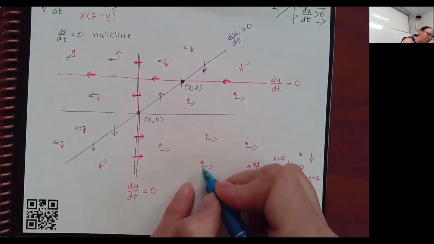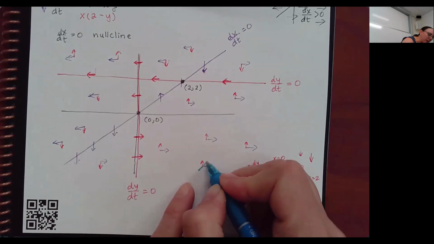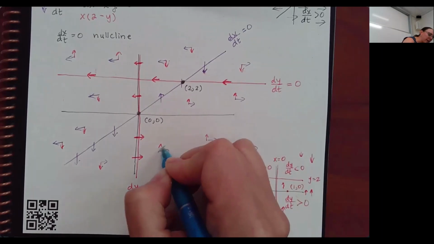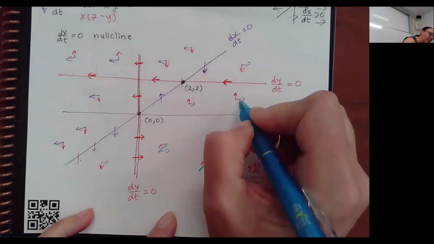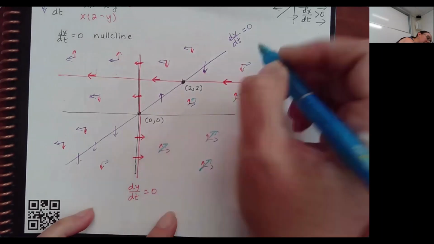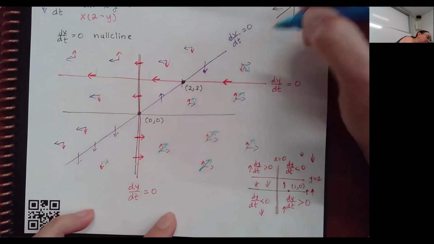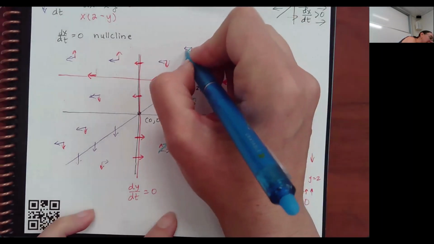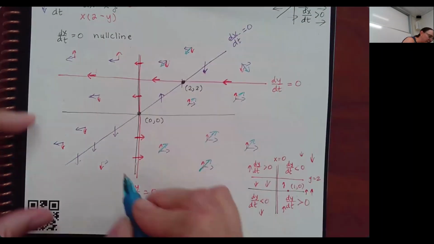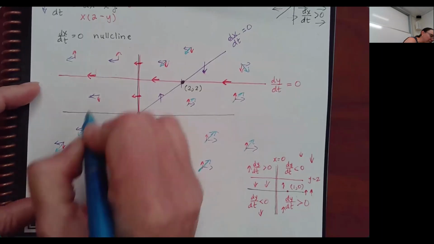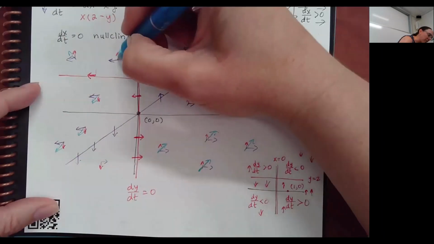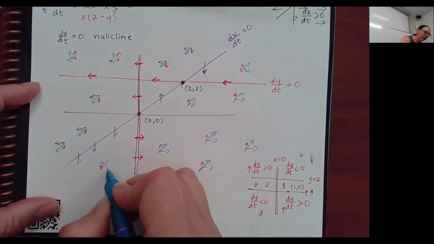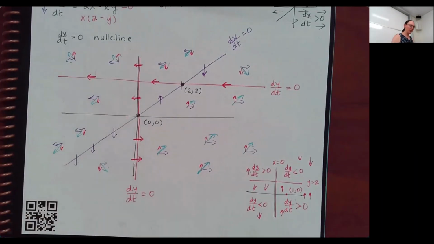So out here, I'm going to be pointed up and to the right, up and to the right, up and to the right, down and to the right, down and to the left, down and to the left, up and to the left, up and to the left, down and to the right.